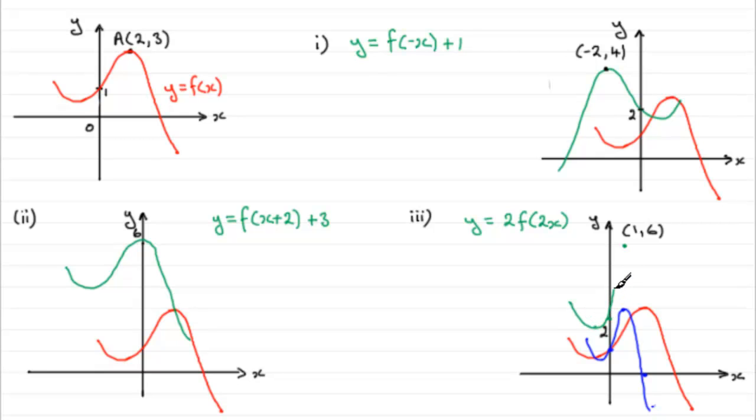Okay, up there, get a maximum here at 1, 6, falls away, and then it comes down through here, through this point, and then straight the way down. Not a great sketch, but I hope that gives you some idea then. We've got to mark in the point where it crosses the y-axis, so as I say, that's the point 0, 2. That's not necessarily the best place to put that 2, so I'm just going to take that out. We'll put the 2 there, okay? And we'll just fill that back in like so. So, hope that's given you some idea then how we're going to go about sketching these graphs.